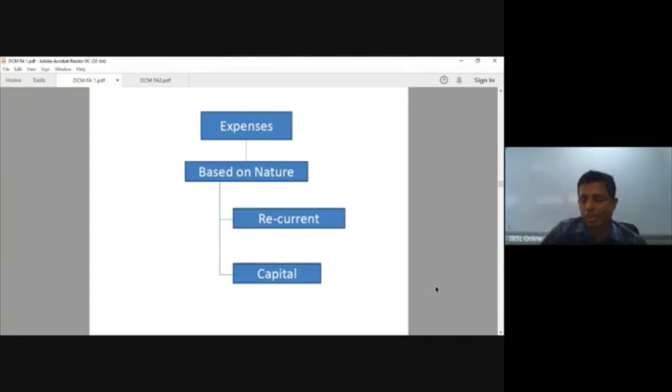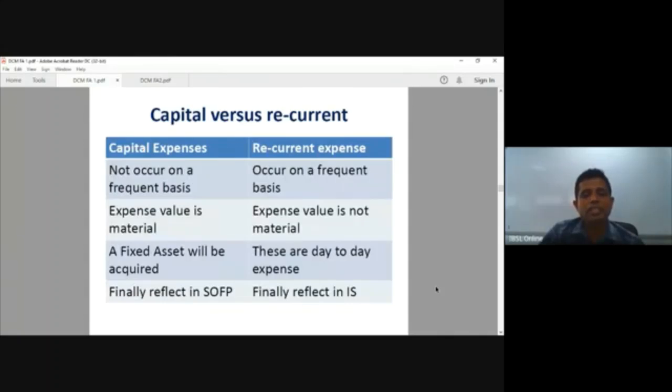We'll see the differences. I will take two examples. A business organization purchases machinery and pays an electricity bill. Those are the two expenses: purchase of machinery and making an electricity payment.